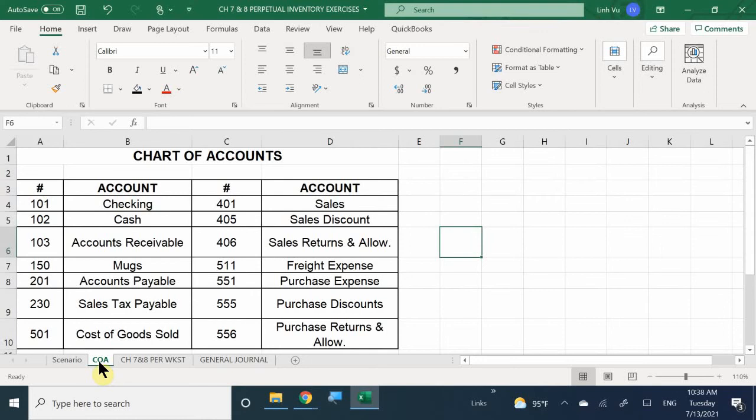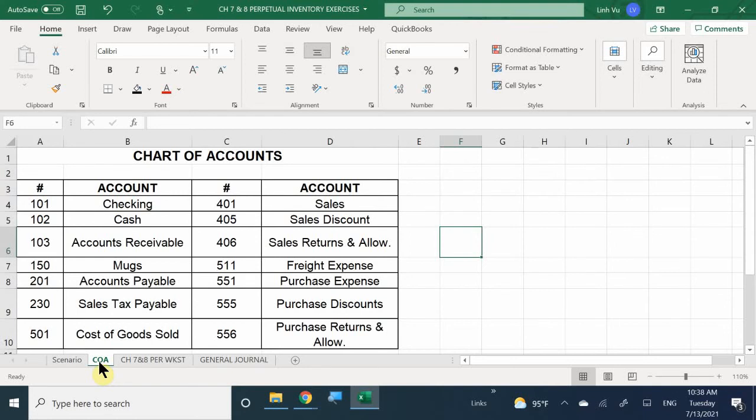Is it cost of goods sold? No, because he's paying off for what he owes me. Accounts payable. That's what we owe to other people. And he's paying off his accounts receivable, so that's correct.